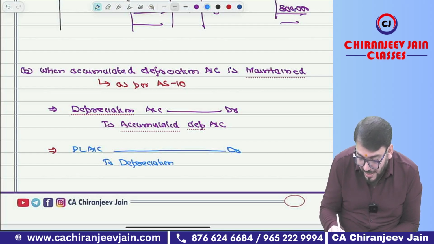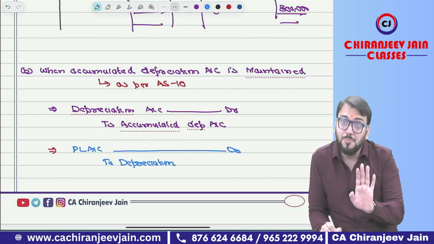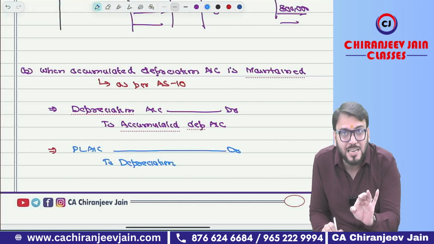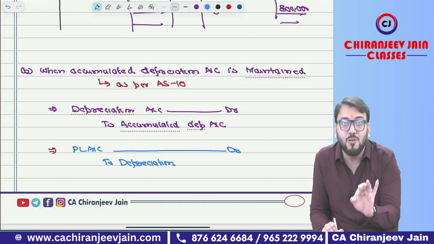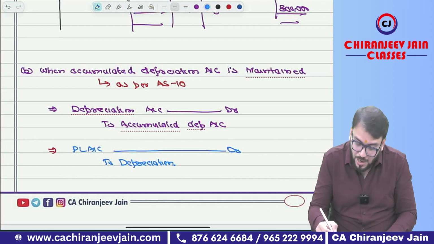Means what I want to say is that accumulated depreciation is not a nominal account. Depreciation is a nominal account and that will be transferred to PL account, but accumulated depreciation is not a nominal account, so that will be shown by way of deduction from the asset in the balance sheet. So are you getting what I am saying?